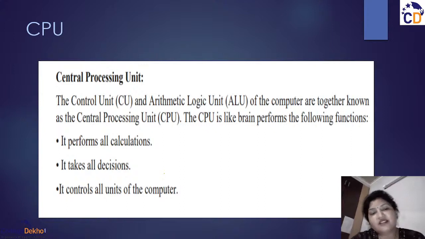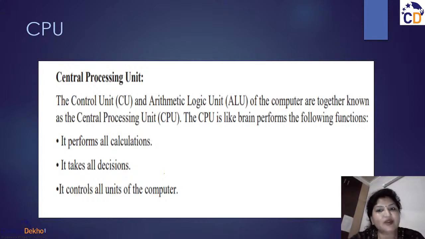So let us see where these systems would be coming. So you have the CPU, right? Now what is the CPU? CPU is the central processing unit, which contains the control unit, the arithmetical logical unit and the memory unit. So there are three things within the CPU. The first is the control unit and ALU, which we have discussed now, and the third thing is the memory part also, right? The storage unit of the computer system together are known as the CPU.